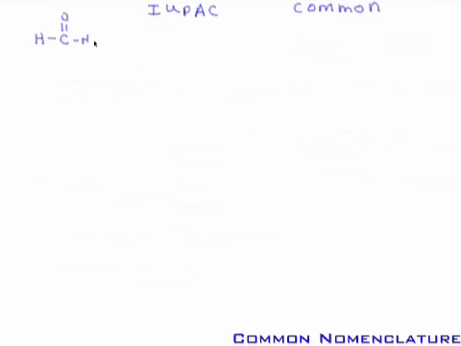The IUPAC name, of course, for this molecule is methanal. You could say 1-methanal, but methane only has 1 carbon, and to be an aldehyde, it's got to be at the end anyway, so methanal. The common name for this molecule is formaldehyde.